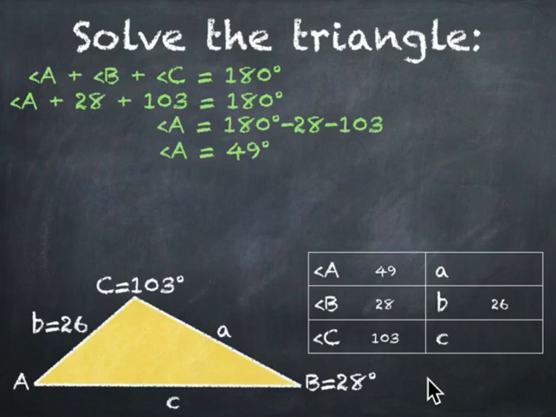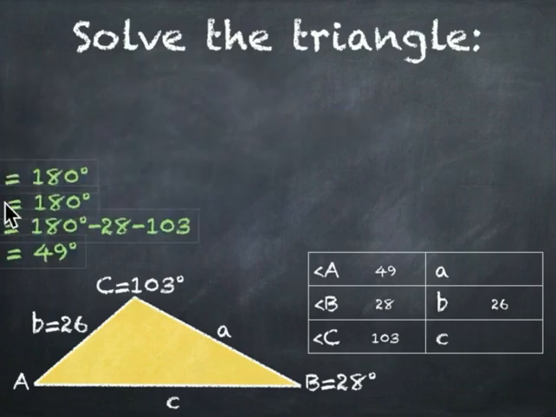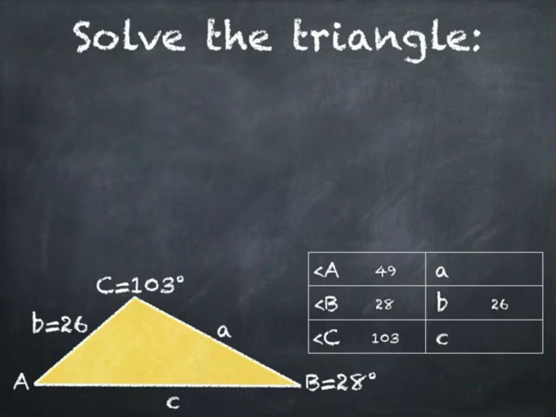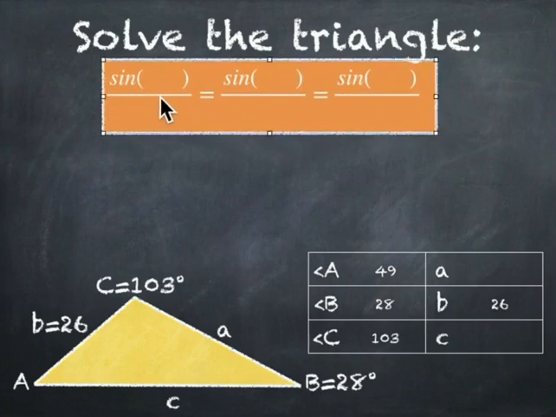But it's going to be a little bit more work to figure out one of these sides. In order to do that, we need the law of sines. So let me pull out the law of sines. Remember, this says sine of angle A over side A is equal to sine of angle B over side B, and so on. And so if we start filling in what we know here, we just figured out that angle A is 49 degrees.